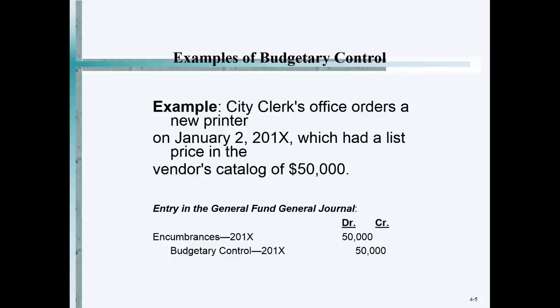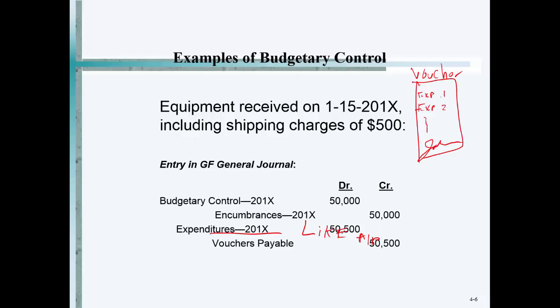Okay, then what? When the actual expenditure comes in, the invoice comes in for whatever I've purchased, now what? Now I can debit budgetary control, credit encumbrance to remove that, because now I have the actual expenditure that I can replace with that estimate for the encumbrance, right? And I put in the actual expenditure.